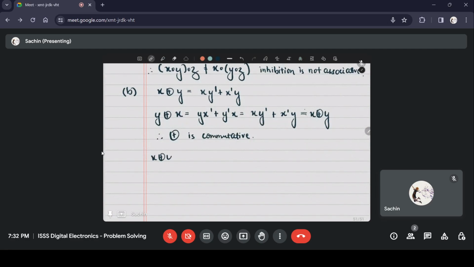X XOR y XOR z is (xy prime plus x prime y) XOR z, which is (xy prime plus x prime y) and z plus (xy prime plus x prime y) complement into z.